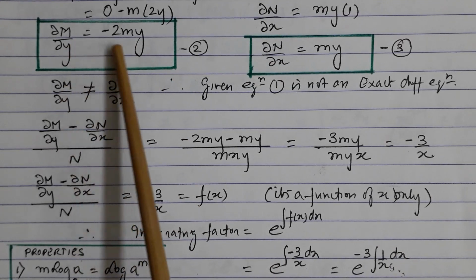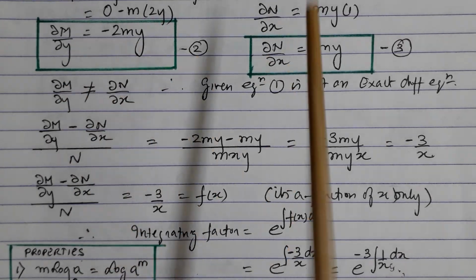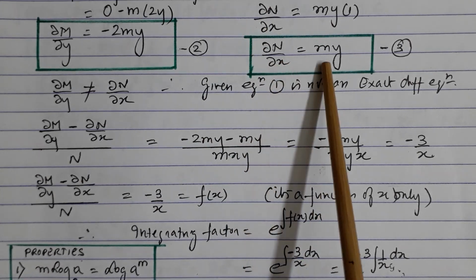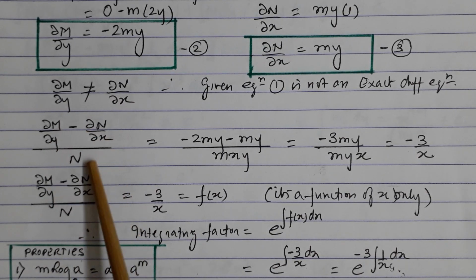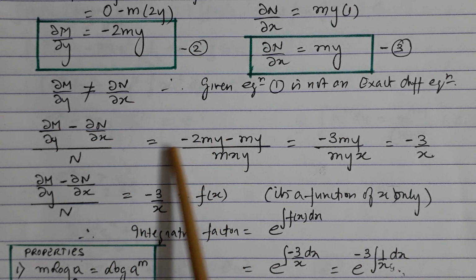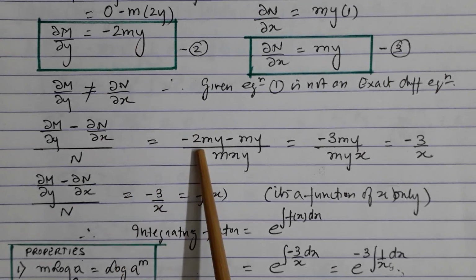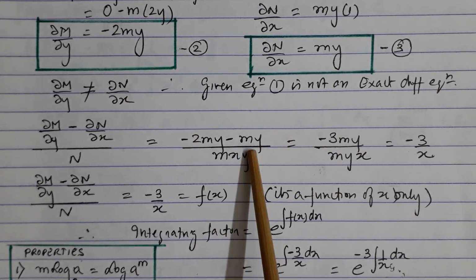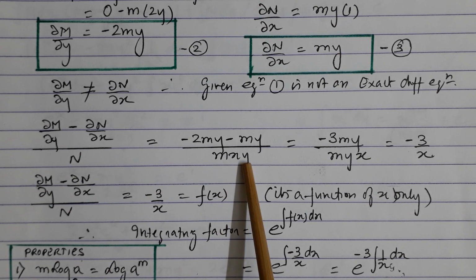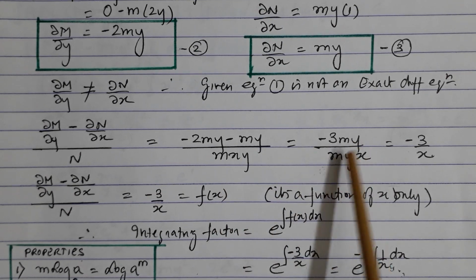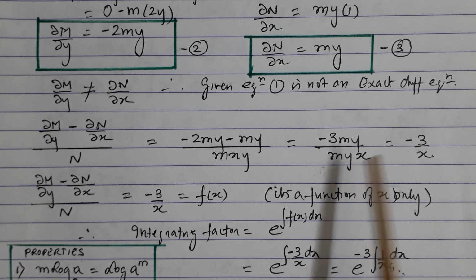Now ∂M/∂y = −2my and ∂N/∂x = my. Therefore, (∂M/∂y − ∂N/∂x)/N will be equal to (−2my − my)/mxy, which will be equal to −3my/myx.